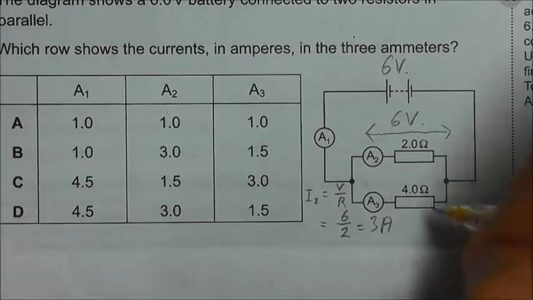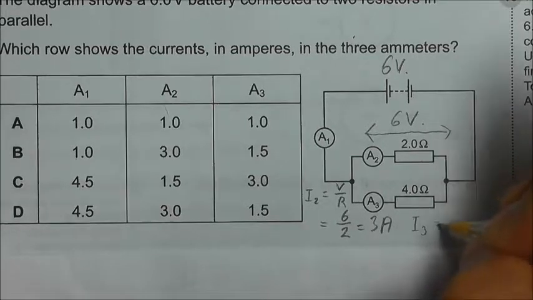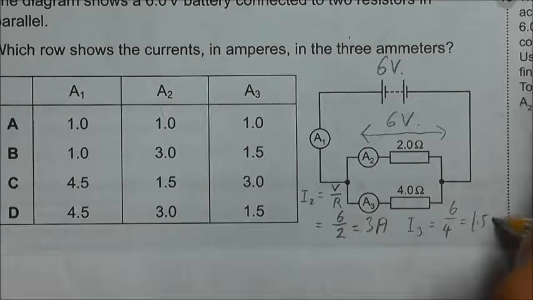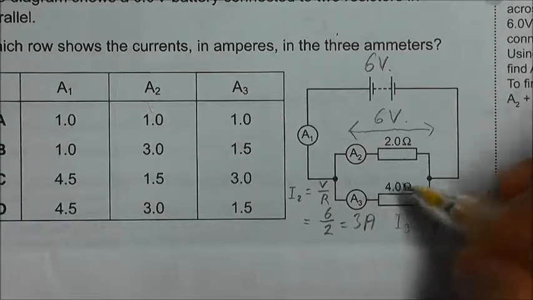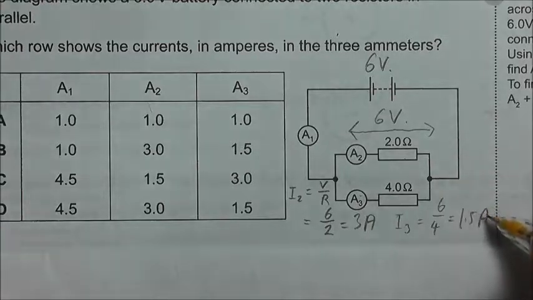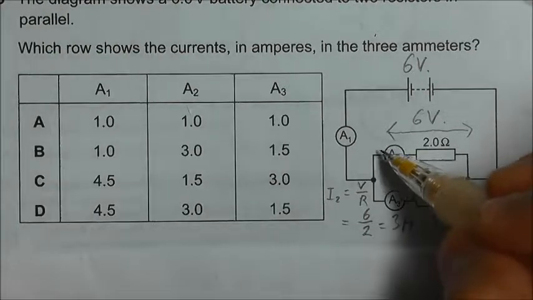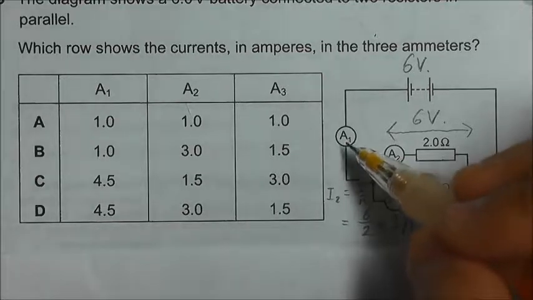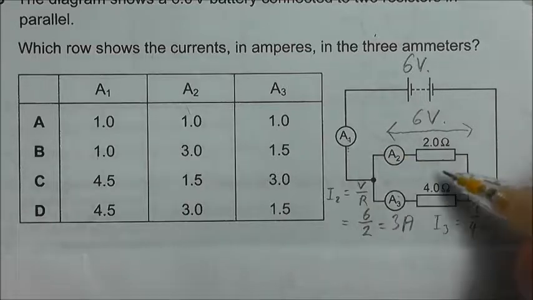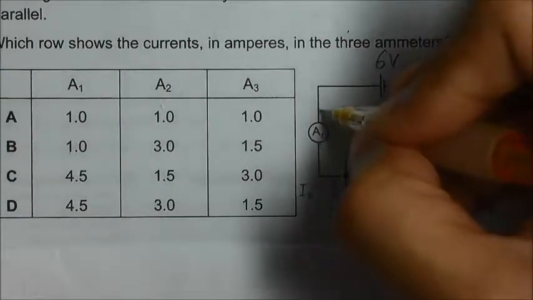Then I3 we can do the same thing. I3 is equal to 6 divided by 4. That will be 1.5 ampere. So in this case, we have I2 as 3 ampere, I3 as 1.5 ampere. Now if they combine together to form the current I1 that is recorded by ammeter 1, it should be 3 ampere plus 1.5 ampere.